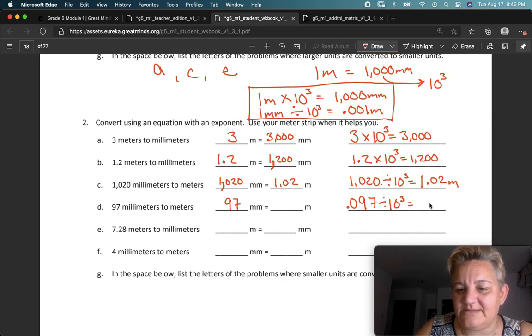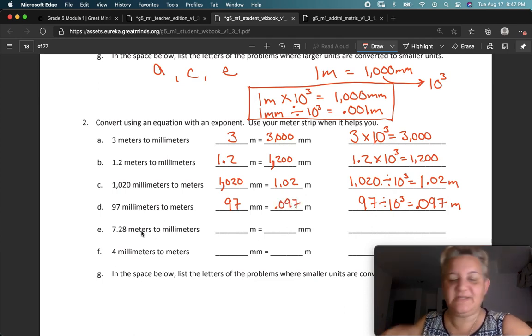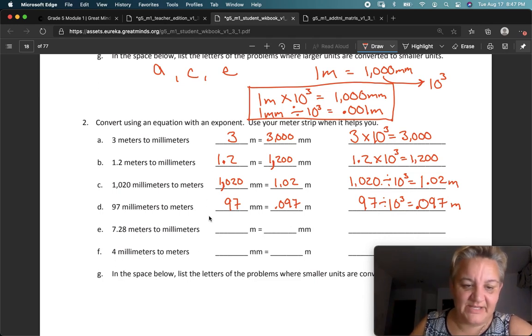And my answer now is 97 thousandths of a meter, 0.097. Just double checking my work here. Yes. Yep. Okay. Next, 7 and 28 hundredths of a meter.